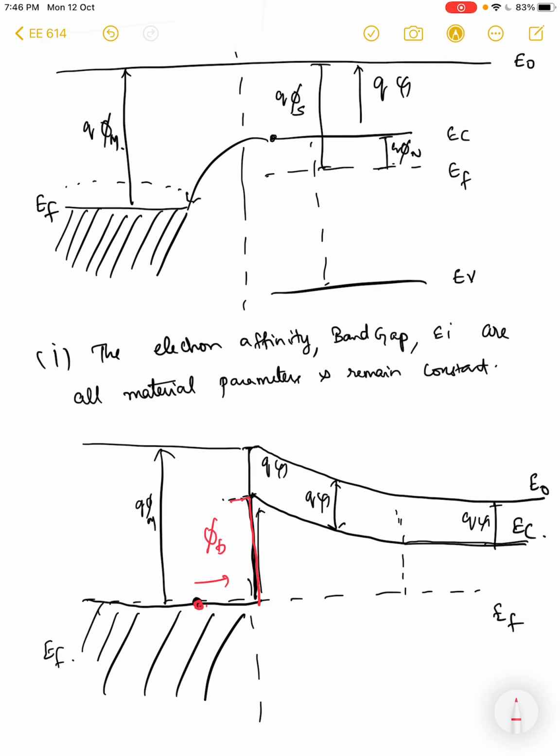So under these situations we can write E of x is just an integral of this, so you will get q by epsilon nd x plus some constant, right?